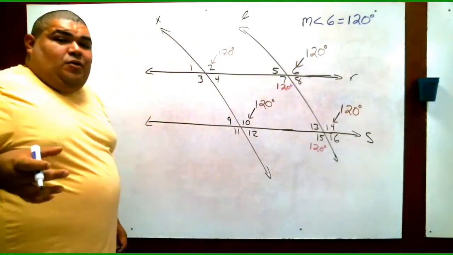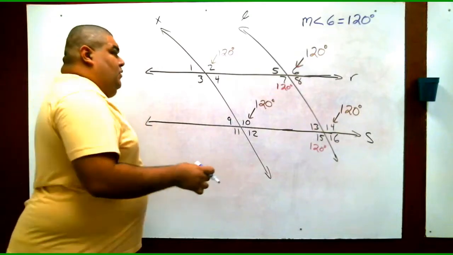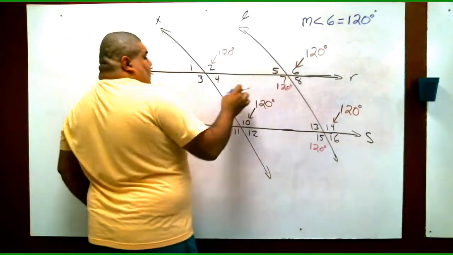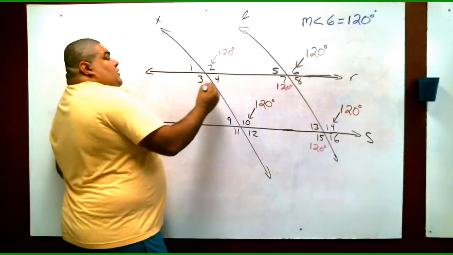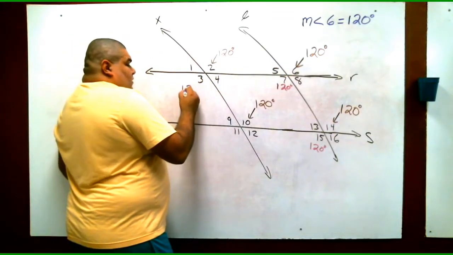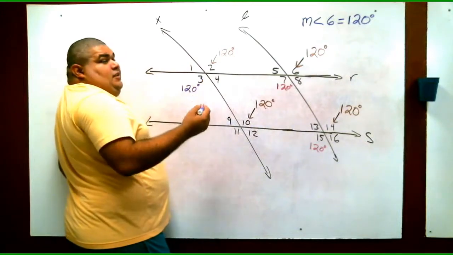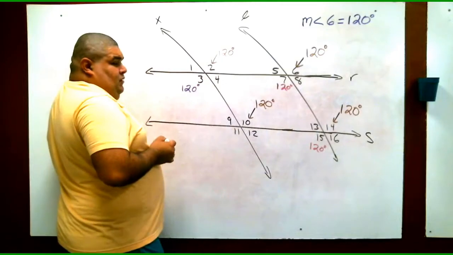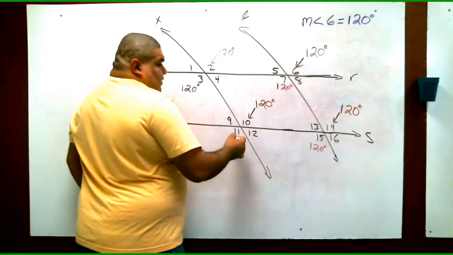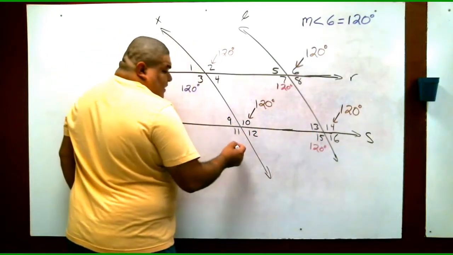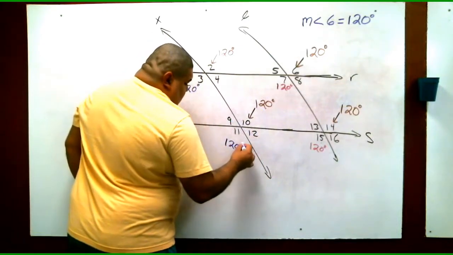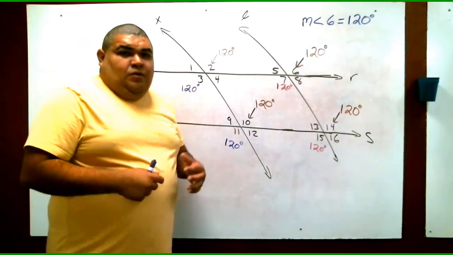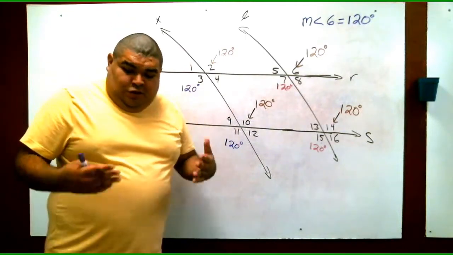Again, back to corresponding, we can say that if 120 is 7, then 3 again is 120 for corresponding. We could also say, because they're adjacent angles, these two are the same. The same here, because they're adjacent or corresponding from 15 to 11. This is 120. Notice how it's all coming together. We have all the 120s.